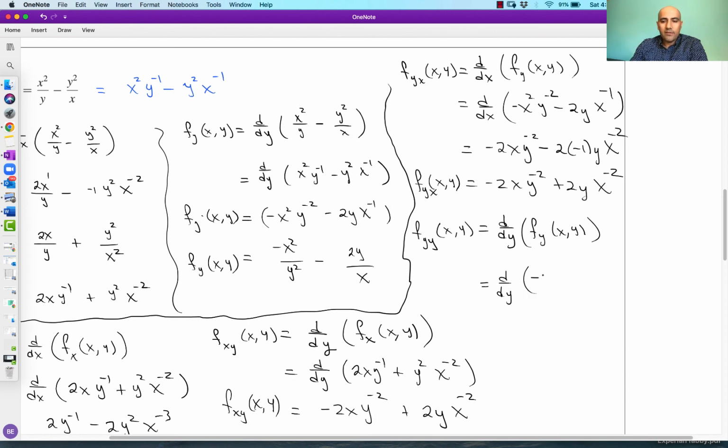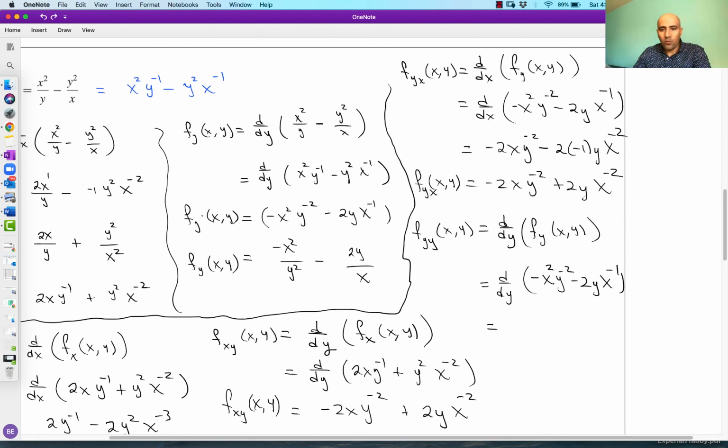That'll be minus x to the second power, y to the minus second power, minus 2y x to the minus 1 power, which then gives you, with respect to y, so that would be positive 2.